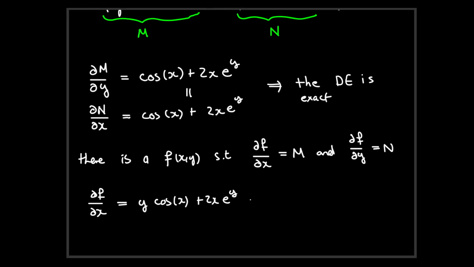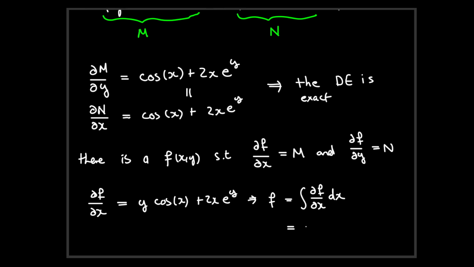And this means that we can integrate this to get f. Integrating with respect to x, the cos x here will change to a sin x, and this 2x will change to an x squared.